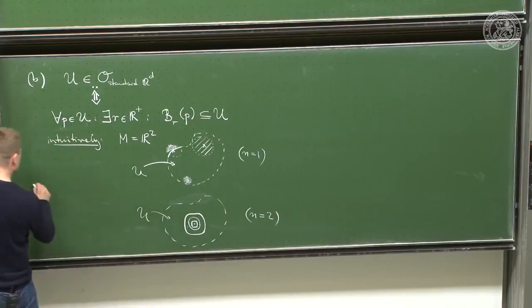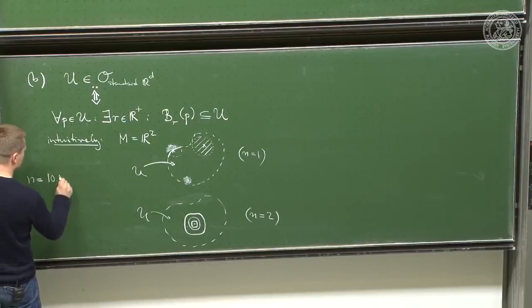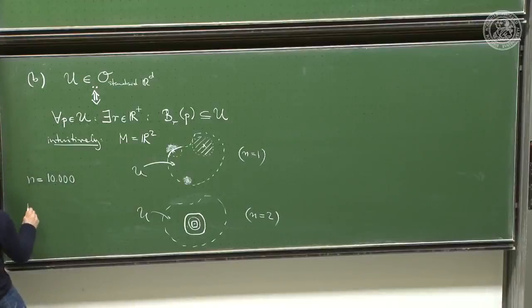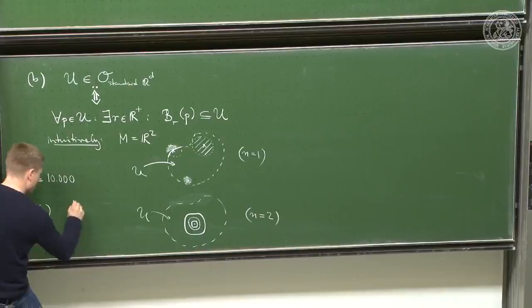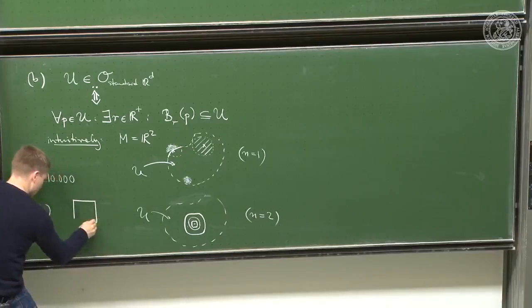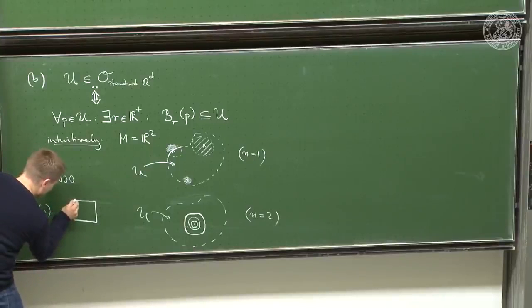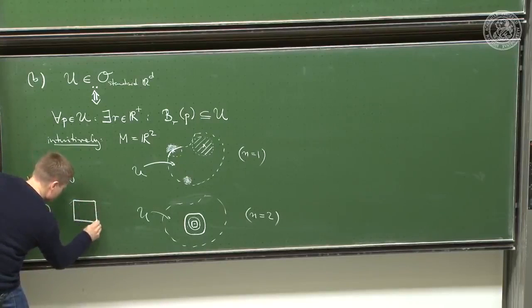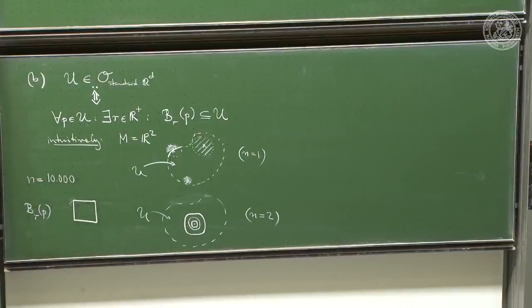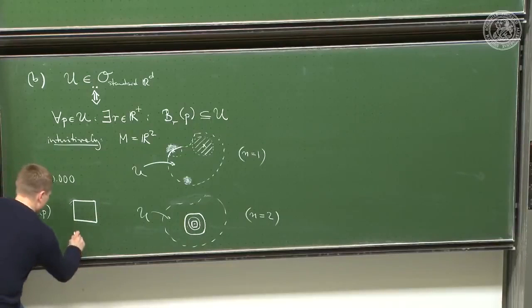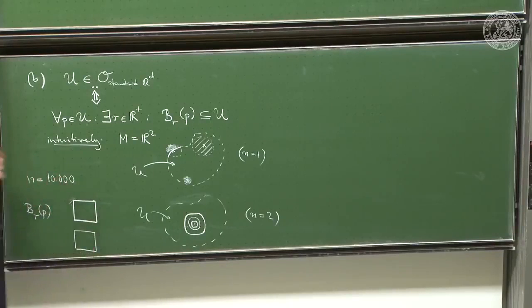Now, if you choose n even higher, I don't know, 10,000, then the ball of radius r around the point P looks, from the distance you are, like this, but these edges are still a little bit round. And if you then take n to infinity, obviously you can't really do this, but if n gets bigger and bigger, you really arrive at these boxes.